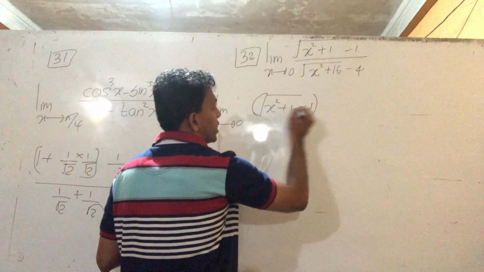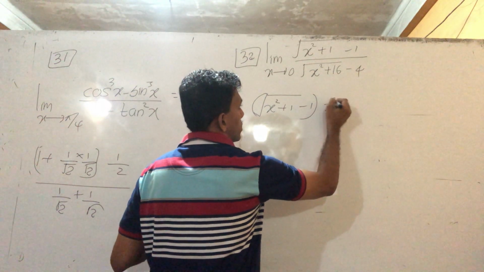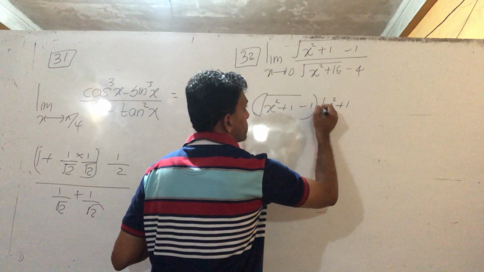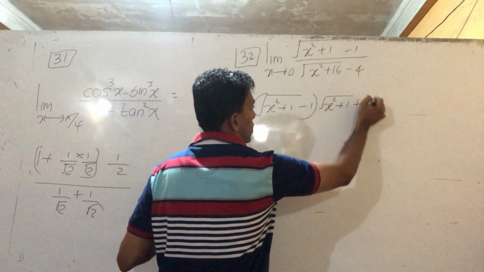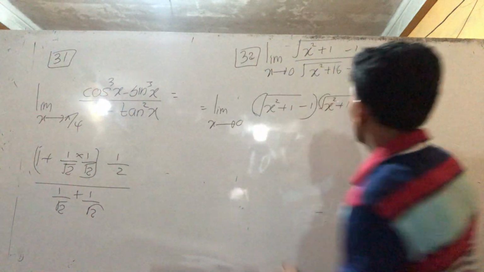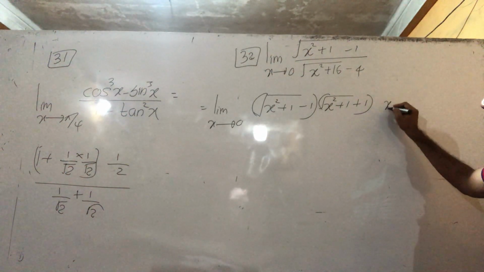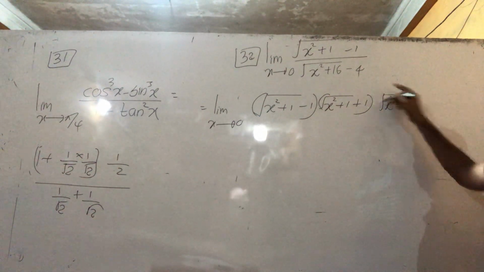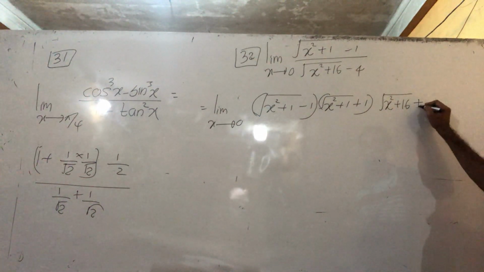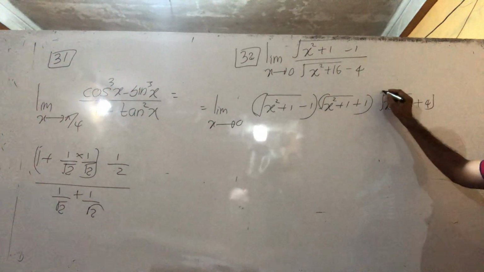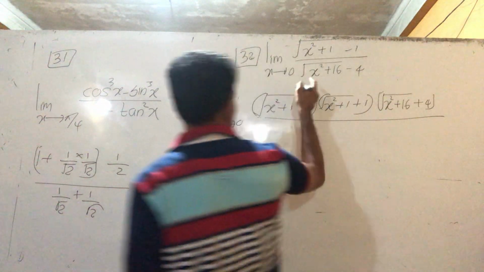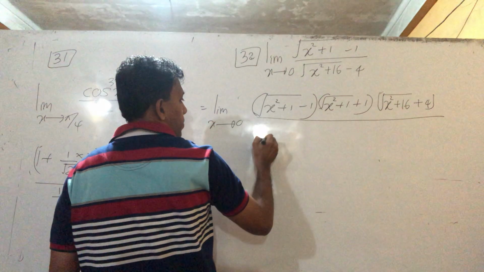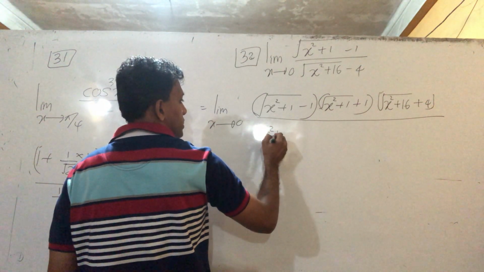Multiply its conjugate, square root x square plus 1 plus 1. That's the complete. Below also we need square root x square plus 16 plus 4 over. So first I multiply up and down by the numerator's conjugate.